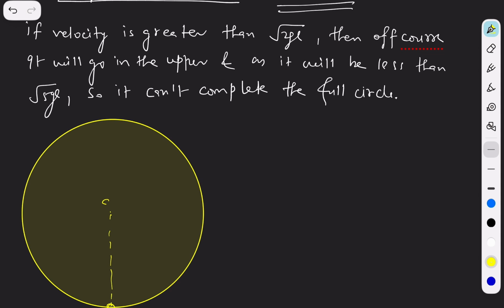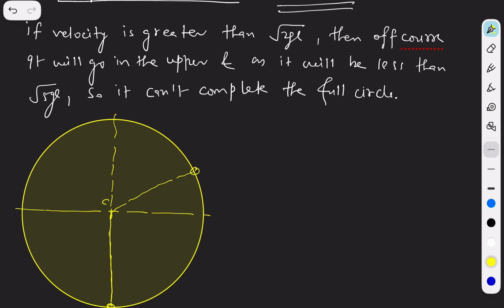When we give the velocity, what is going to happen here? It is going to come into the upper half, that we know for sure, but it is not going to do the full circle.